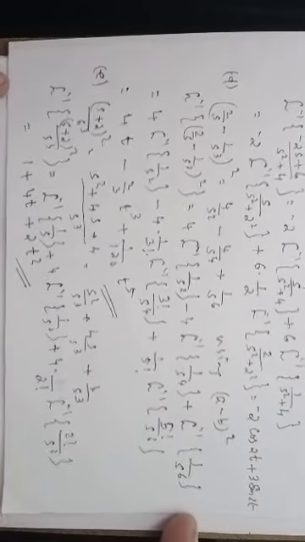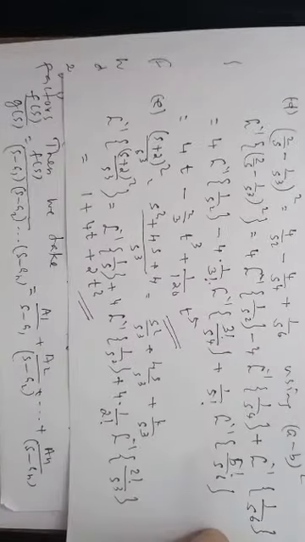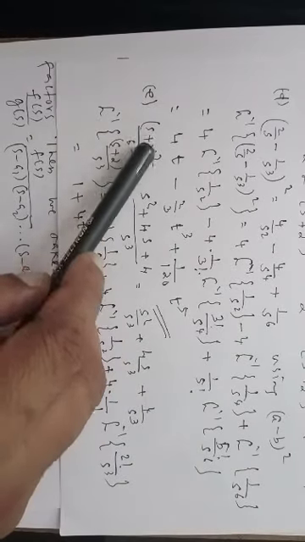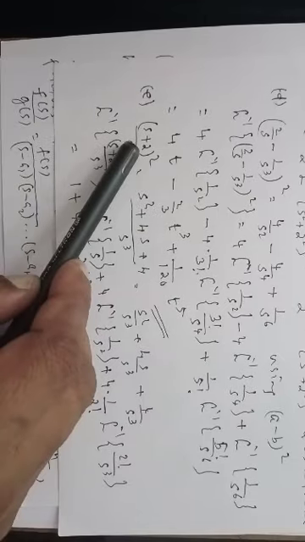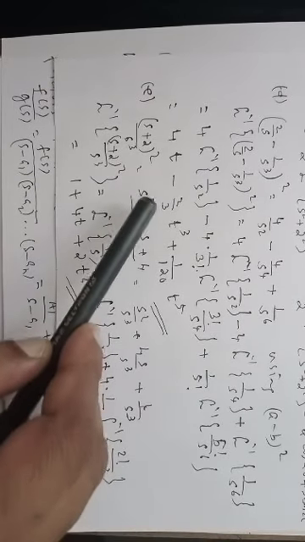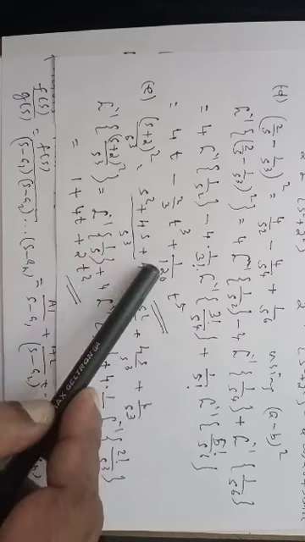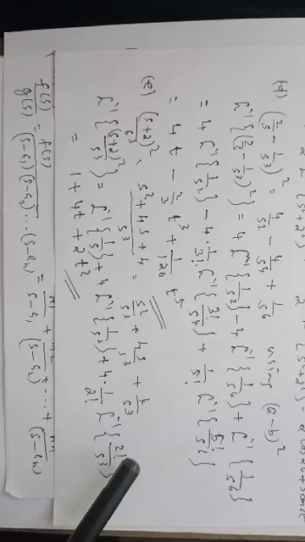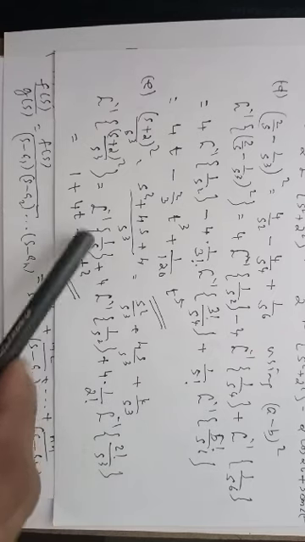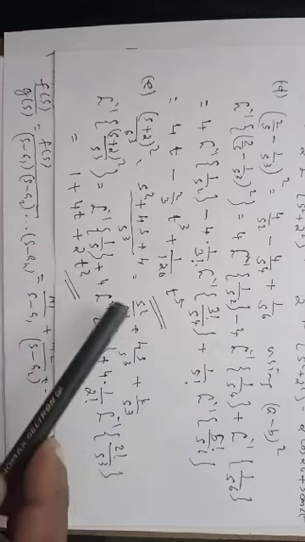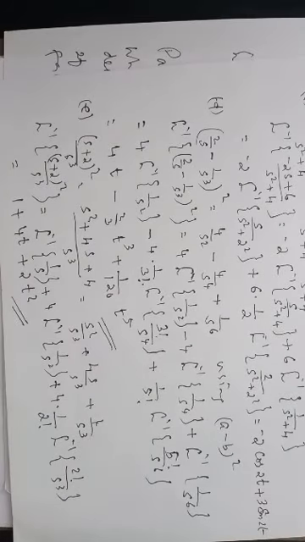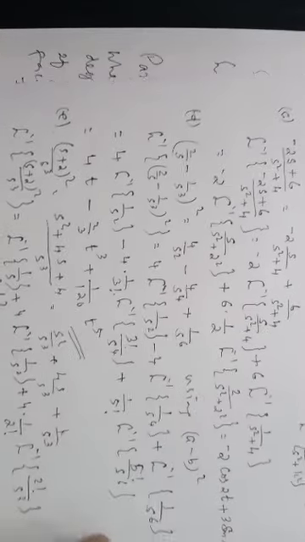In that problem, we can expand s plus 2 whole square first, using (a plus b) whole square, over s cube, and divide each term: s square by s cube, 4s by s cube, 4 by s cube. And we are getting 1 by s, 4 by s square, and so on, and it can be adjusted as in the above problem. Okay. This is a method to find the inverse Laplace transform of some simple problems.